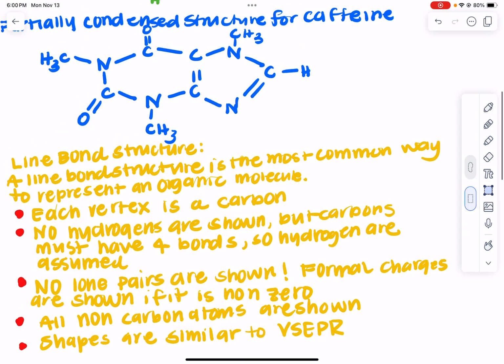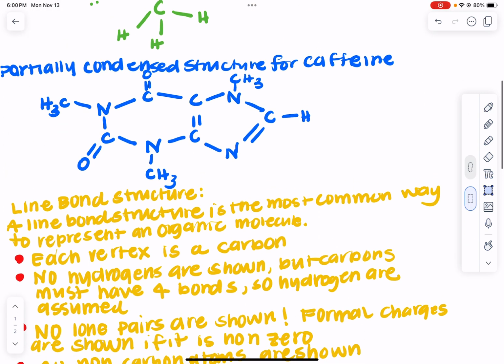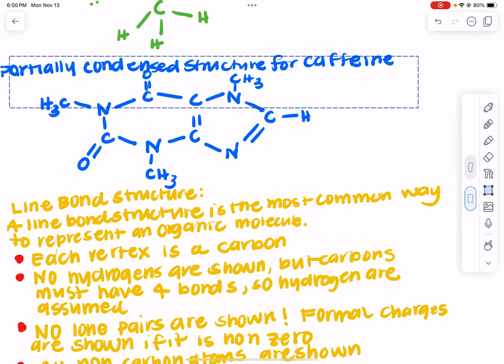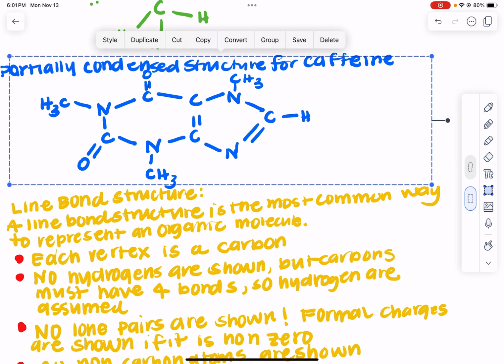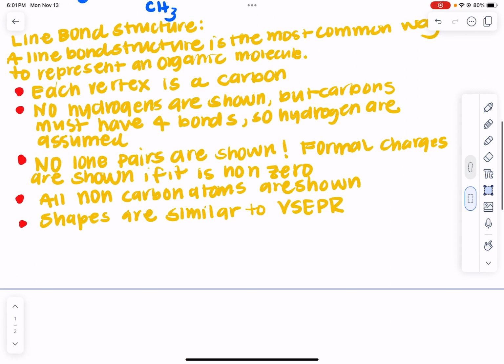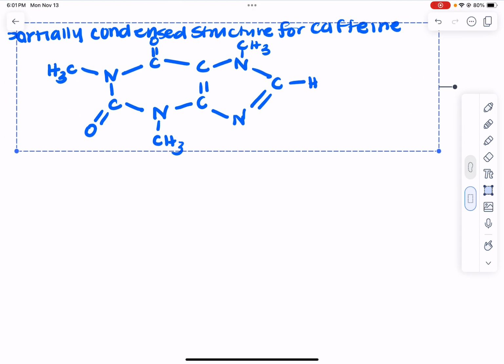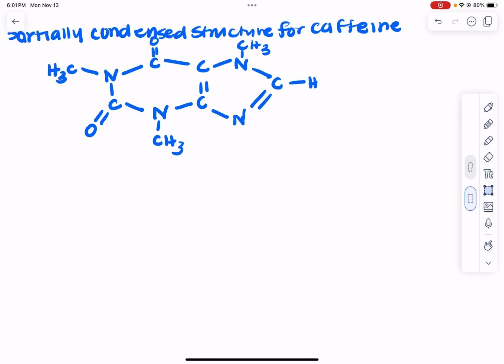What I'm going to do is take this and attach it right on top of what we're going to do here, because we're going to do the line bond structure for caffeine as well. It might be easier to have it right on top.